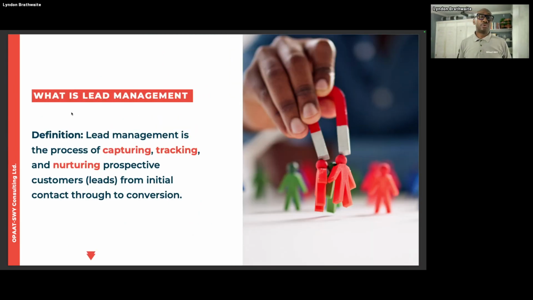All right. So what is it? Well, it's the flow of leads that's coming into your organization. And those leads could be coming from the attract, the tracking, and the nurturing side. So you really want to be able to manage those leads throughout the journey. And in this instance, we're talking about the student enrollment journey. With the student enrollment journey, you have so many different touch points.